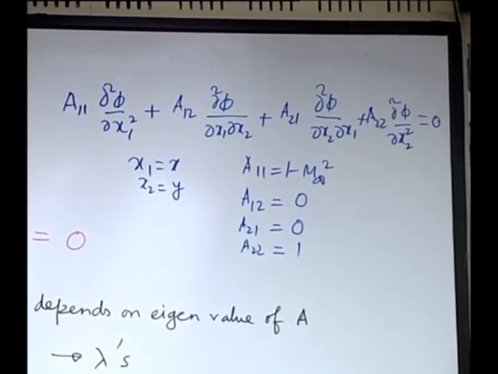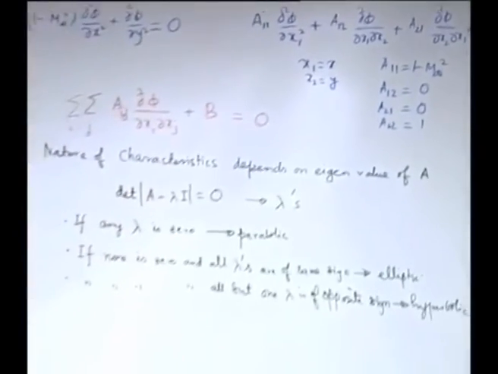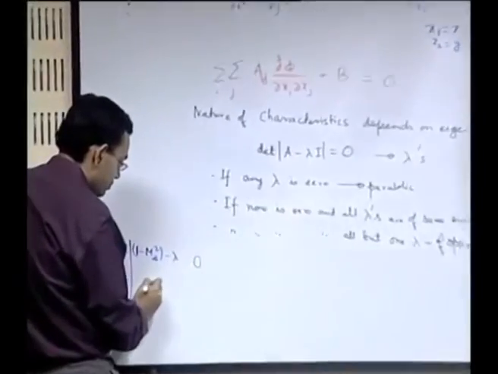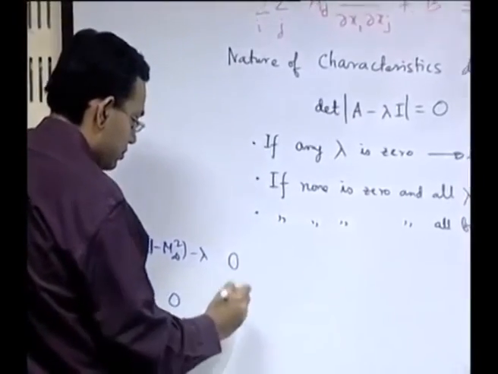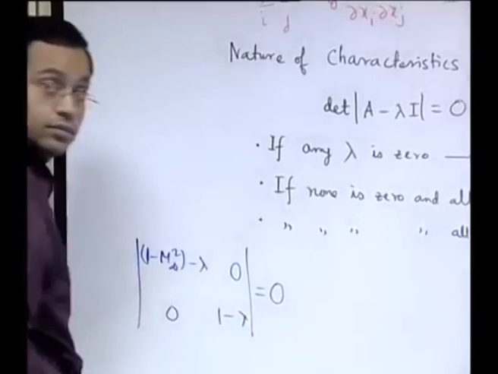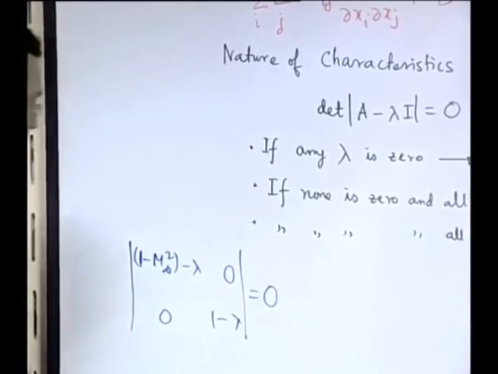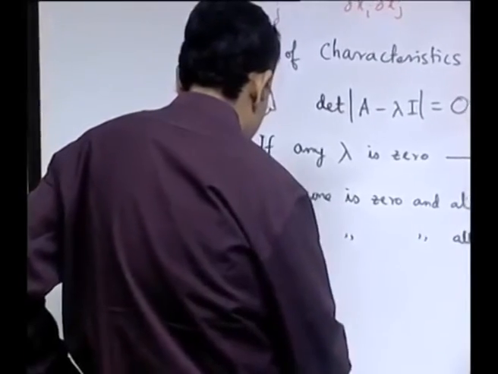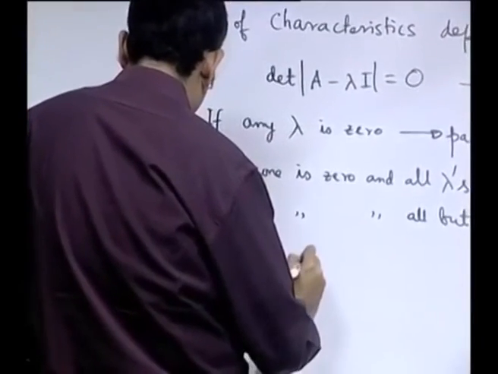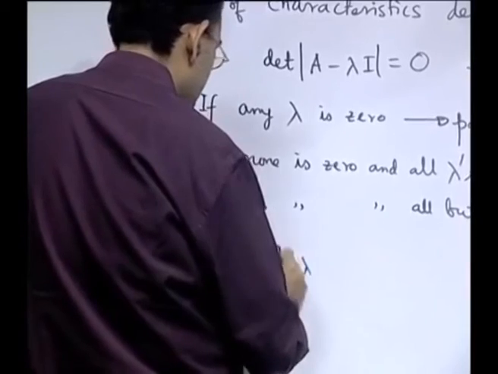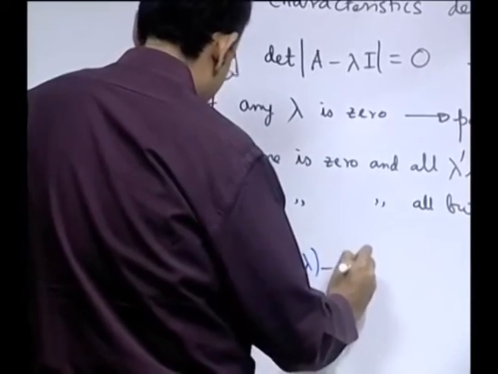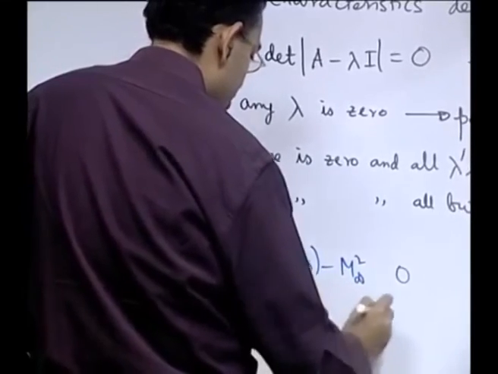With this understanding we will try to find the eigenvalues of A. It will be 1 minus M infinity square minus lambda. This is the characteristic equation. So this is basically the determinant of 1 minus M infinity square minus lambda, 0, 0, 1 minus lambda.